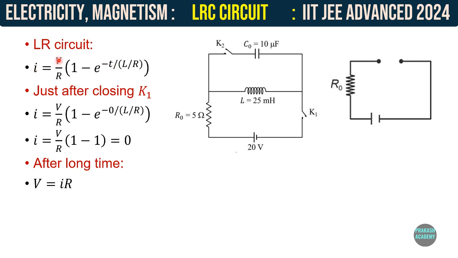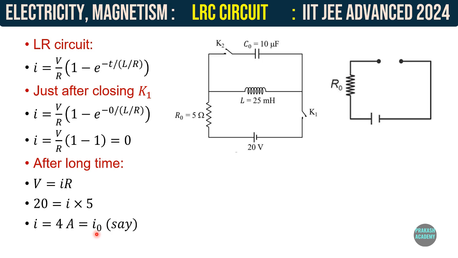So, this becomes I equals V by R, this means V equals IR. So, you can use V equals IR to calculate the current. Voltage is given, that is 20 volt, and the resistor is given, that is 5 ohm. So from here I equals 4 ampere. That was the value of I2 in the problem.